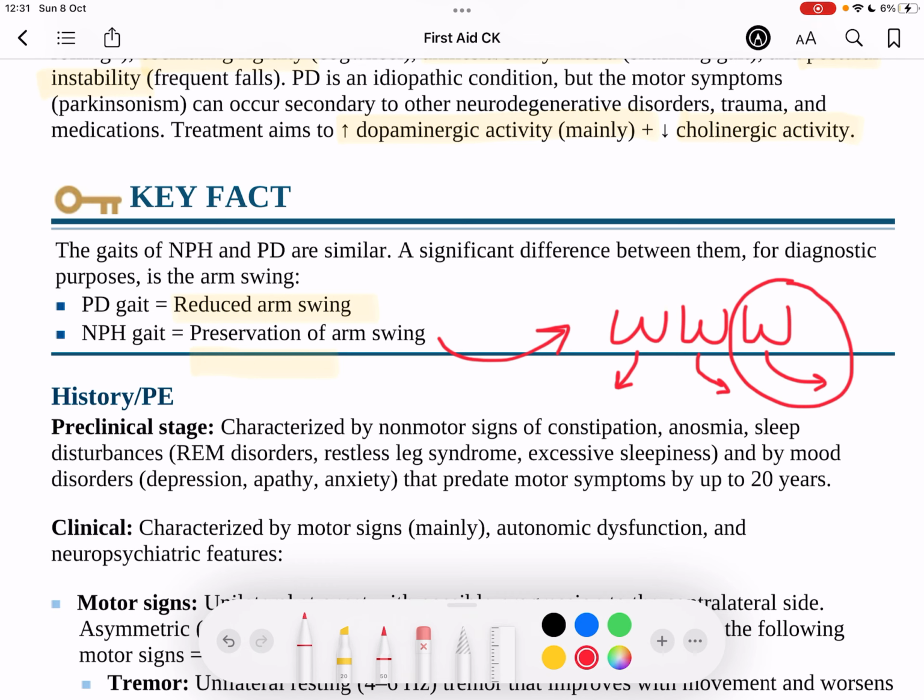What does that mean? That means a problem initiating gait. It's called magnetic gait because the feet appear like they're stuck to the floor like a magnet. But all that is a problem initiating movement. It is very similar to Parkinson's, but the way that we can differentiate is by the presence of the arm swing, which is absent in Parkinson's.